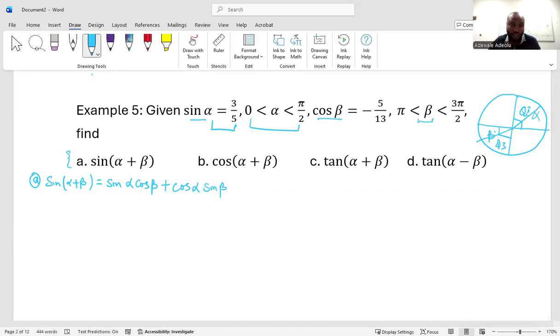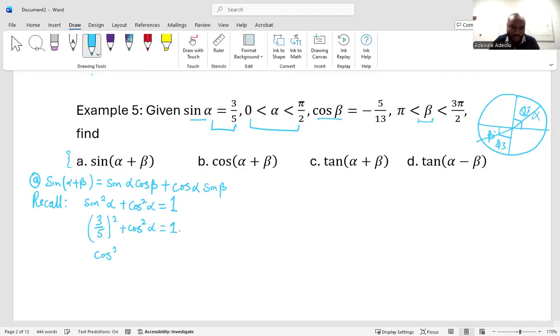So how do we do that? Well, recall that sine squared of alpha plus cosine squared of alpha equals 1 always. Now, we do have sine of alpha to be 3 over 5, so I can square this, plus cosine squared of alpha equals 1.